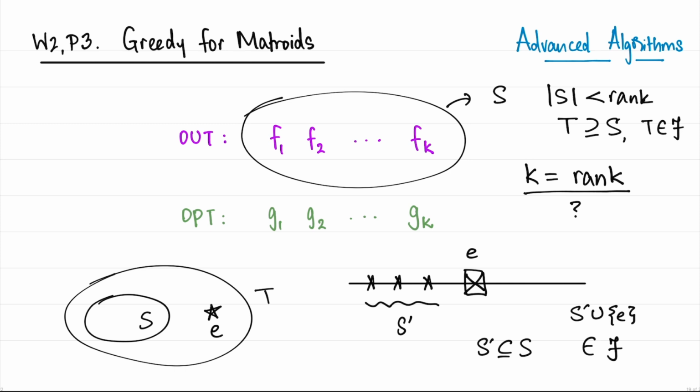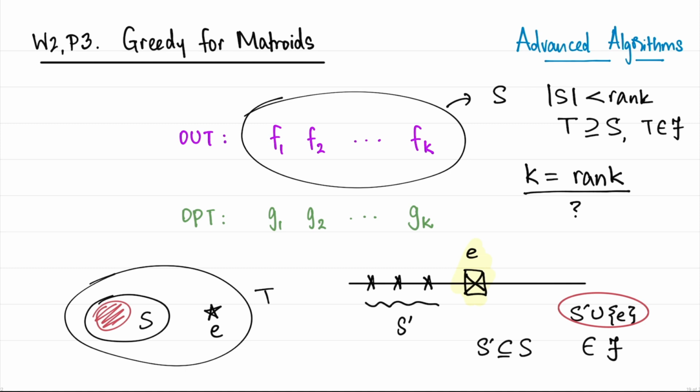Because S prime and e are both sitting inside T, S prime union e must be in the family F by the hereditary property of the family. Therefore, when greedy reached this stage, it had no reason to ignore e, because by adding e to whatever it has picked up so far, it would still maintain independence. So there was no harm in picking up e, and so we have a violation of the behavior of greedy if our final output does not have rank many elements in it.